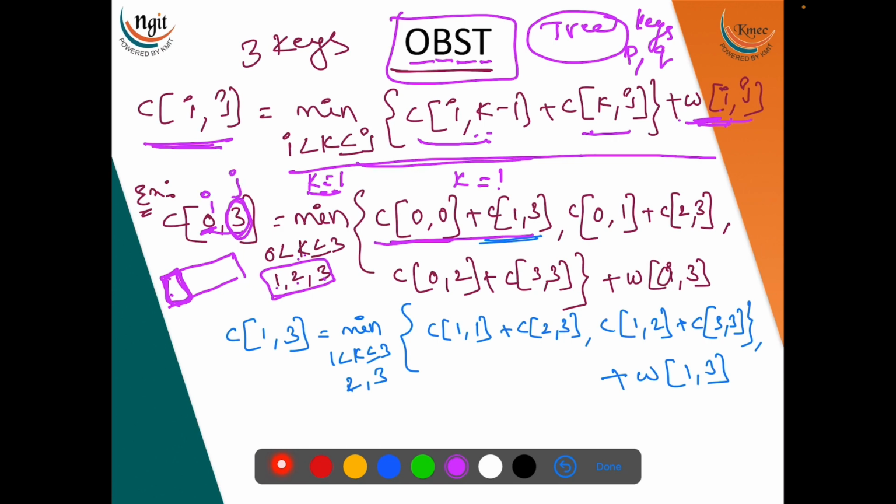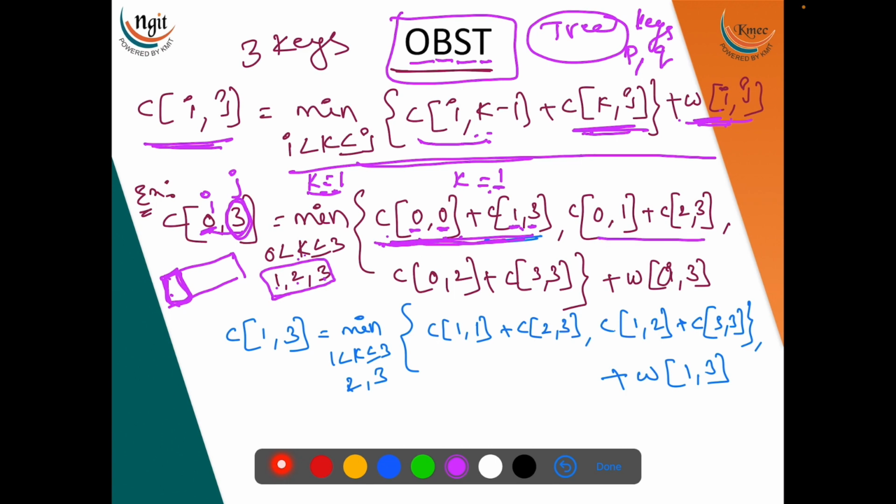According to the formula, this is C of i comma k minus 1. i is 0, k minus 1: my k value is 1, 1 minus 1 is 0. It is C of 0 comma 0. Now, plus C of 1 comma 3. What is this 1? The k value. 3 is the j value. So this is the cost when the first key is in the root position.